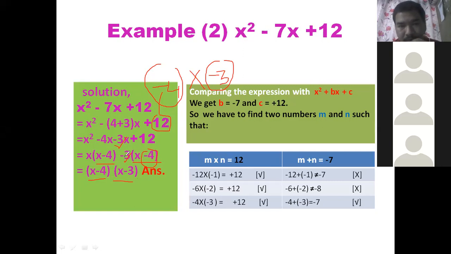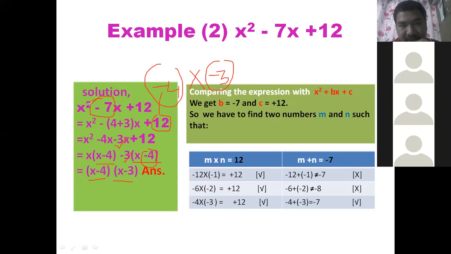Okay, so sir, you have said that 12 can be expressed in minus 4 and minus 3. It can also be expressed in plus 4 and plus 3? No. Because look here, minus 4 and minus 3, their sum must come minus 7.